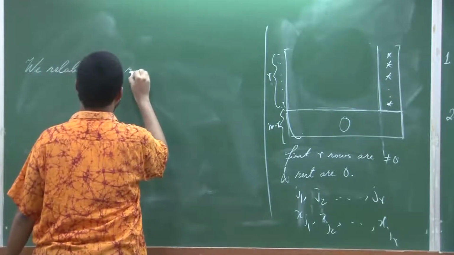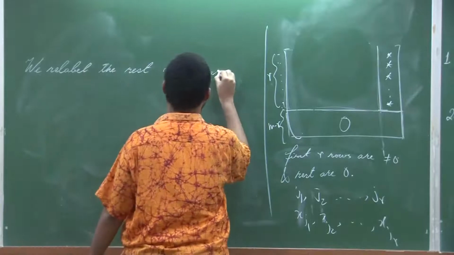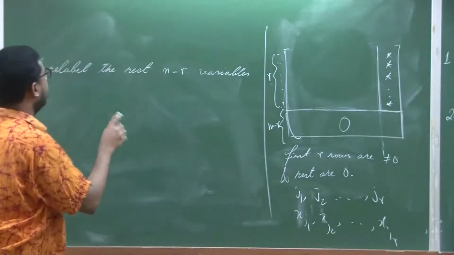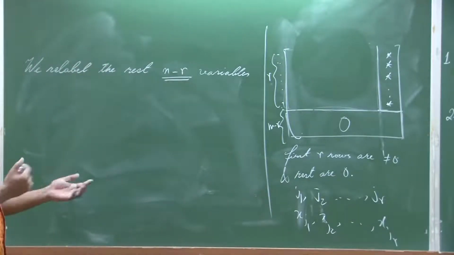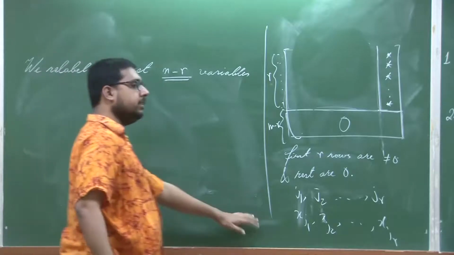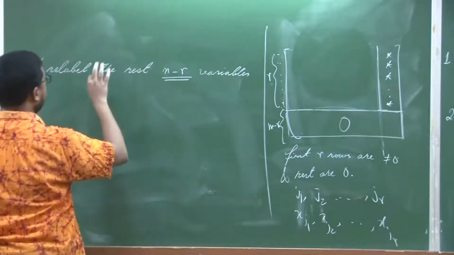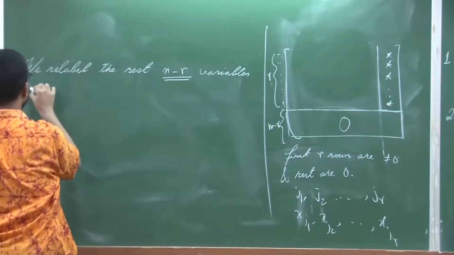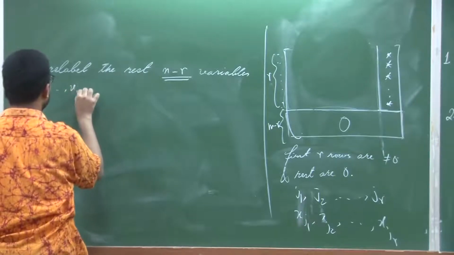I would like to emphasize that this could be 0. If there is no variable other than the pivot ones, then you don't need to do anything. If there are, let us relabel them as u1 up to un minus r.